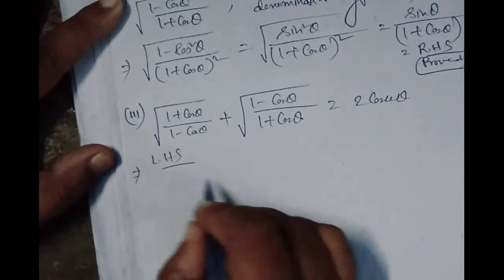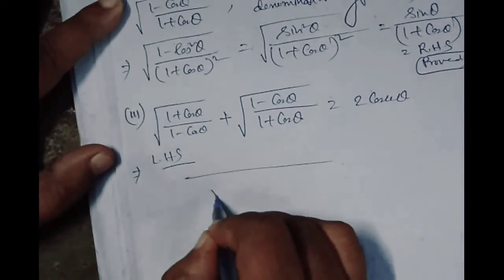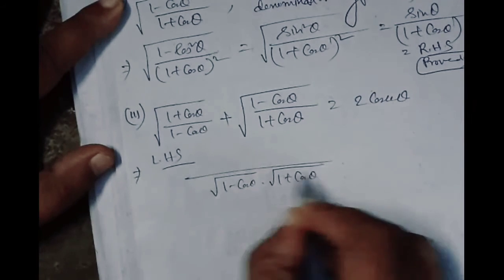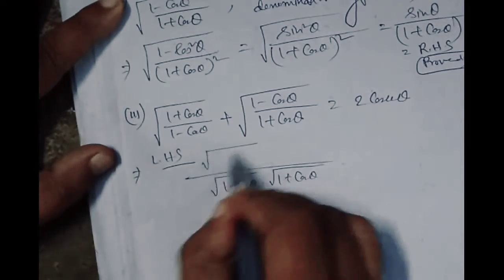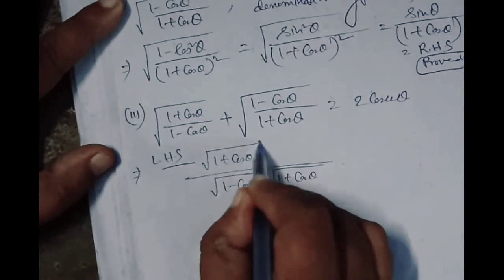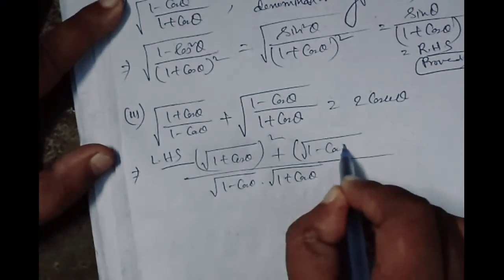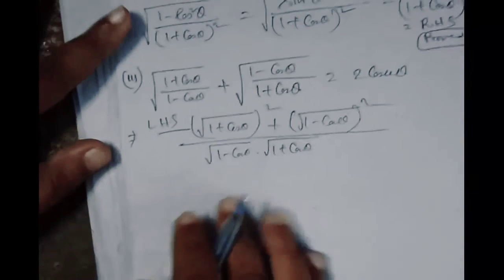This equals root over of 1 plus cos theta whole square plus root over of 1 minus cos theta whole square, over root over of 1 minus cos square theta.